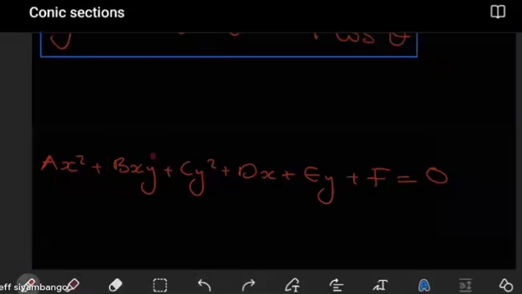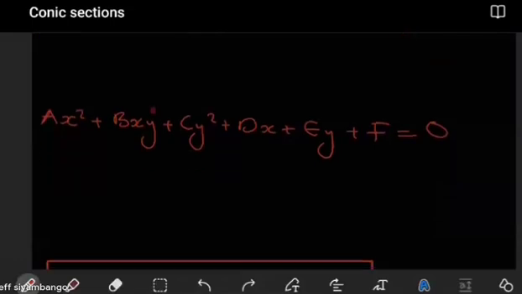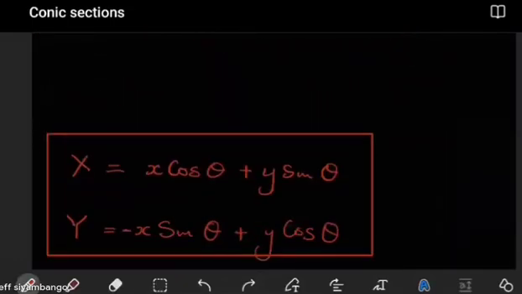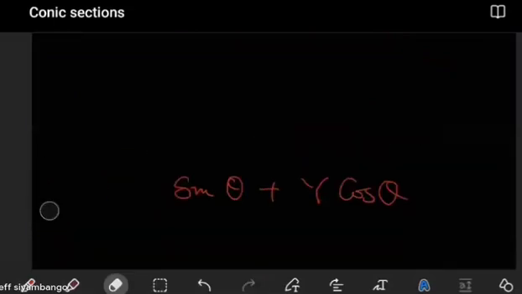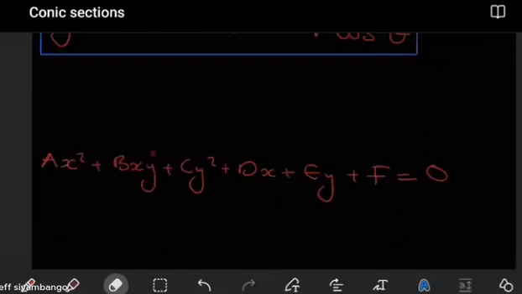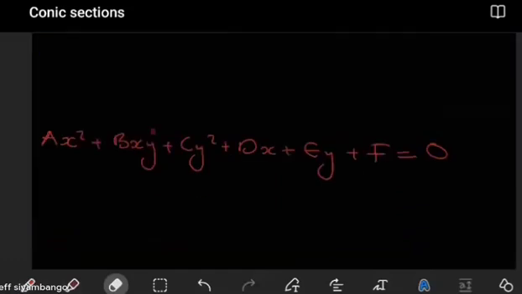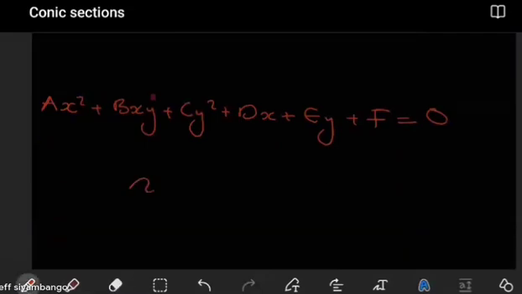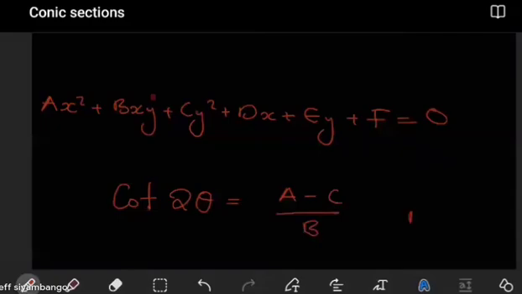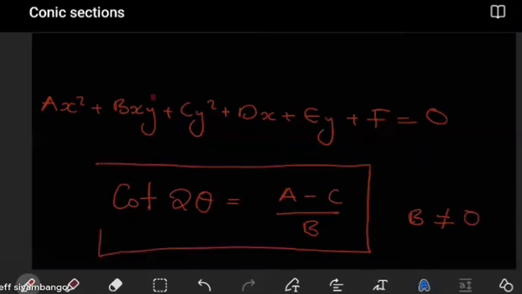Among the steps for eliminating the cross product, you have to find the angle theta. That is what we were describing in the other class. But now we want to see where the key formula used to find the angle theta comes from. To find the angle theta, you use the formula cot 2 theta is equal to A minus C over B. Here, of course, we're taking it that B itself is not equal to 0. This is the key formula that we use to find theta.